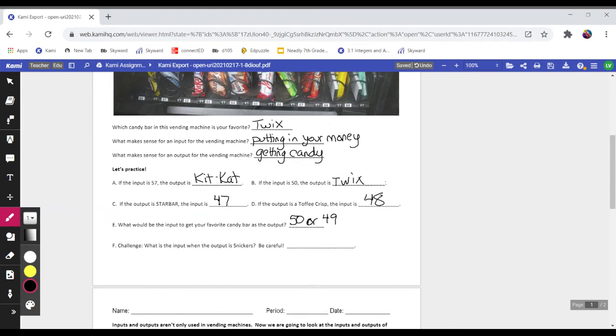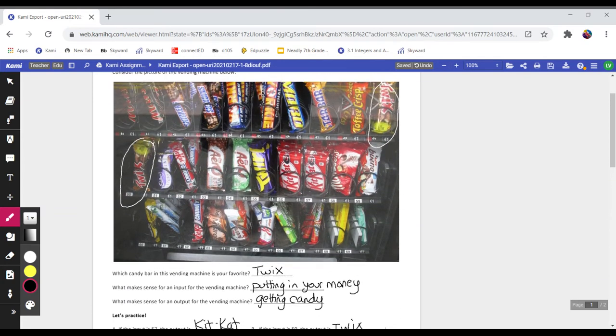So a challenge. What is the input when the output is Snickers? Be careful. So the input when the output is Snickers. Well, let's first find the Snickers bar. Ooh, here's a Snickers bar right here. But there's also a Snickers bar right next to it. So far we're looking at number 42 and 43.